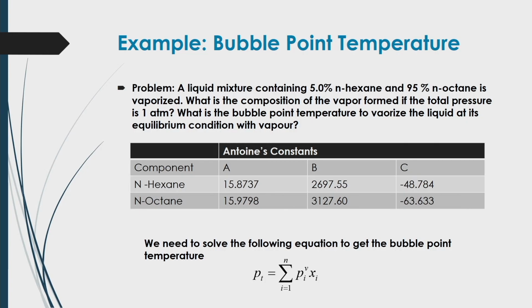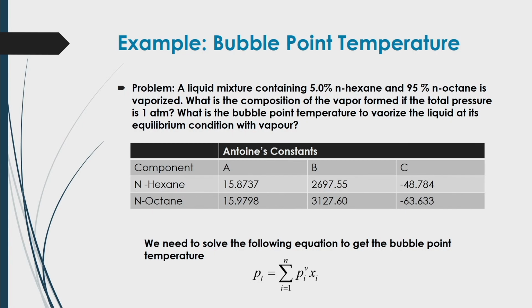In this case you need to calculate the vapor pressure of the components i. For that you have to use Antoine's equation, but the temperature at which the vapor pressure is to be calculated is not known to you.